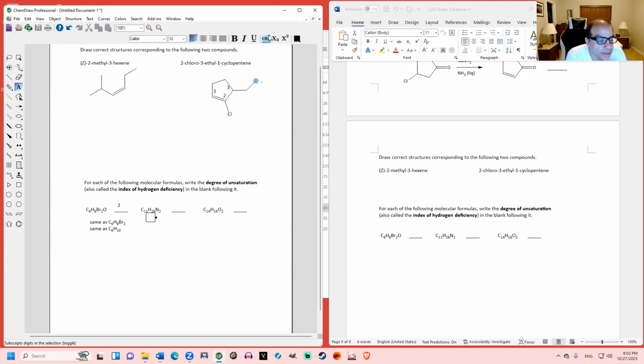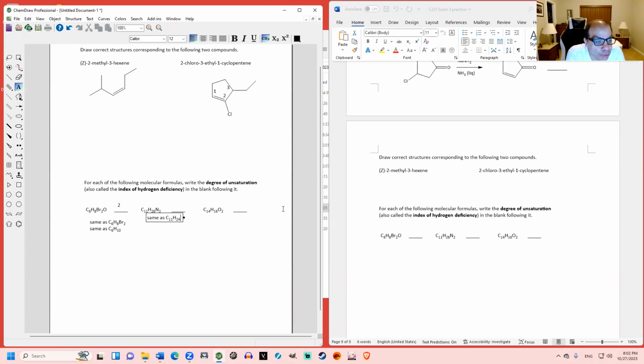C11H26N2. Remember that for every nitrogen, we have to throw out a hydrogen with it. So that's going to be the same as C11H24, because you throw out an NH for every nitrogen, because nitrogen has 3 bonds rather than 2. So each nitrogen brings in an extra hydrogen with it.